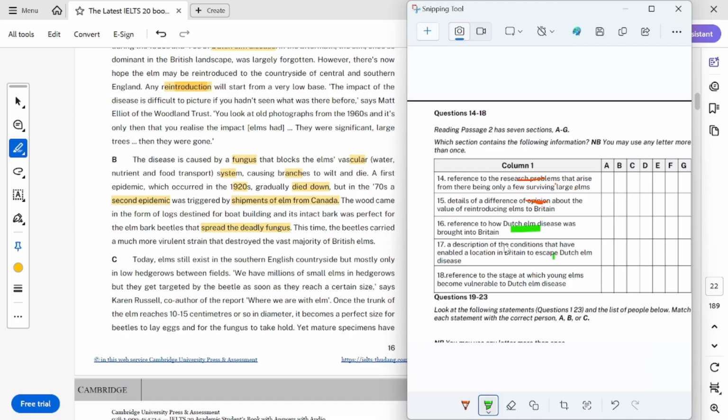Now we will look at the questions. Look at question 16: how was Dutch elm disease brought to Britain? The passage says shipments from Canada. So yes, we found our match.